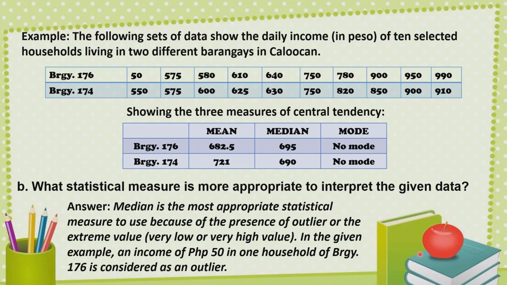We can see that here in Barangay 176 where the lowest is 50 pesos and the highest is 990 pesos. In the given example, an income of 50 pesos in one household of Barangay 176 is considered as an outlier.